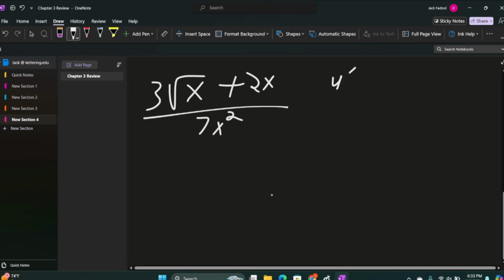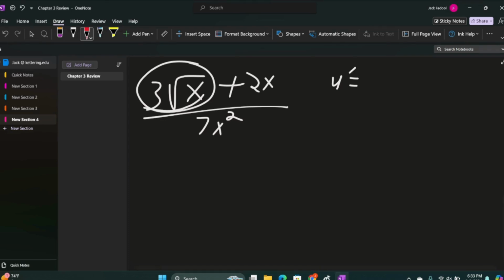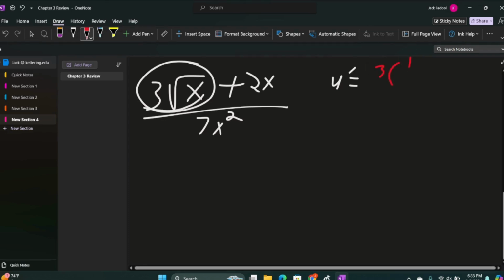For u prime, we've got to do product rule for this part here. So u prime is 3 times 1 over square root of x plus 2, and v prime is just 14x.